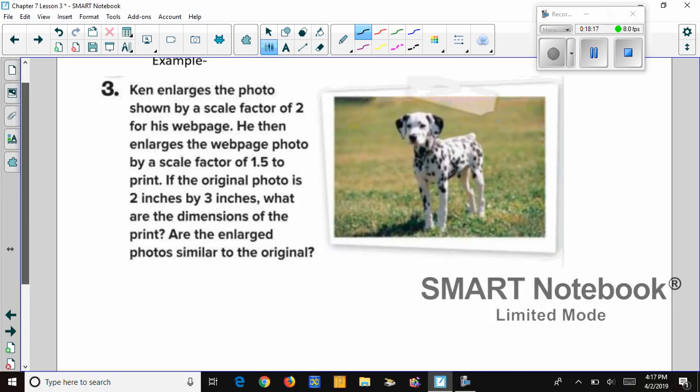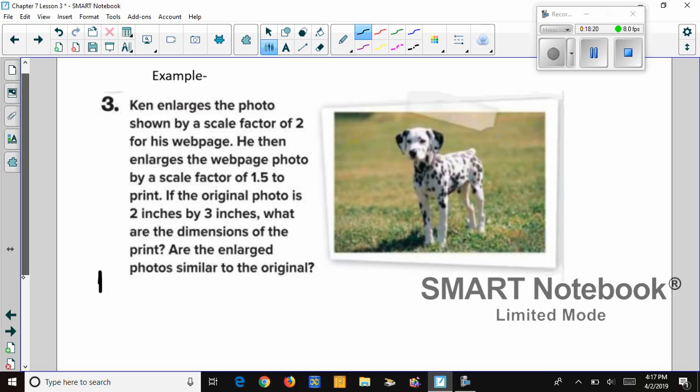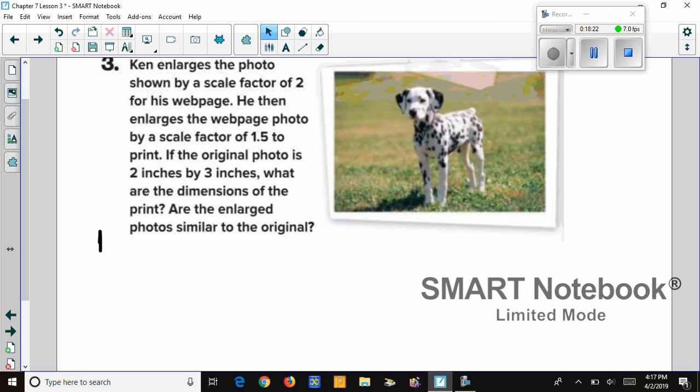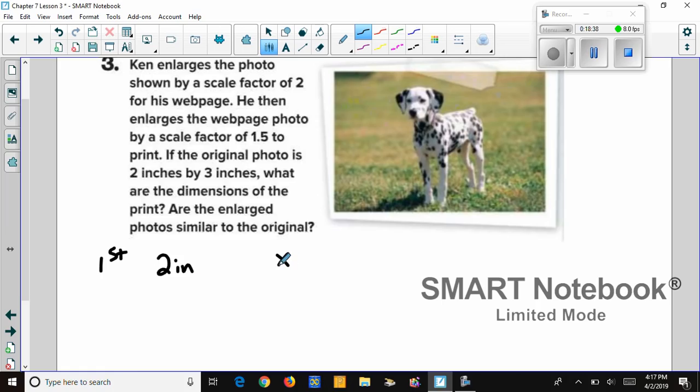The first action that happened was that Ken took the photo, which is 2 inches by 3 inches, and he enlarged it by a scale factor of 2.